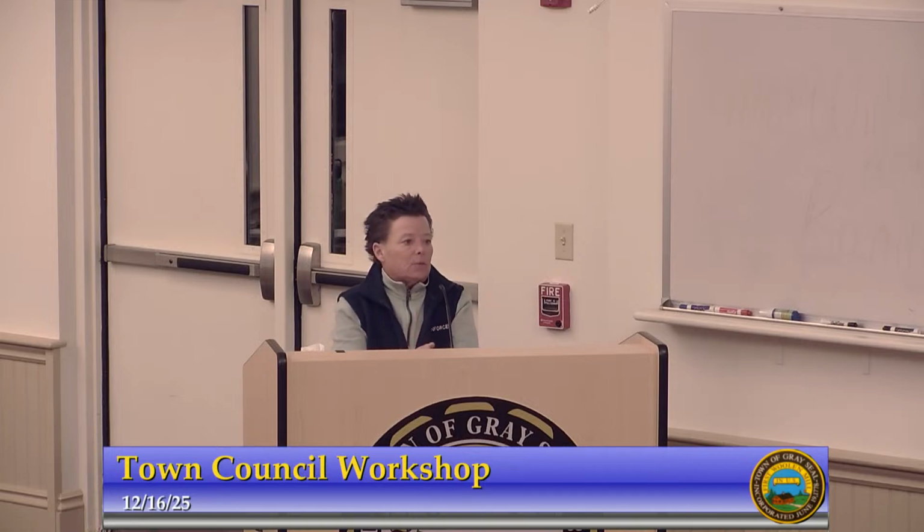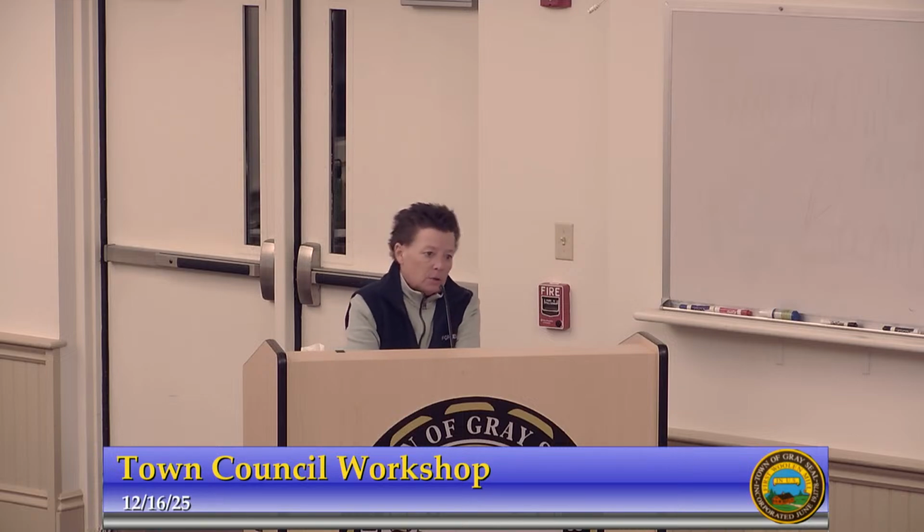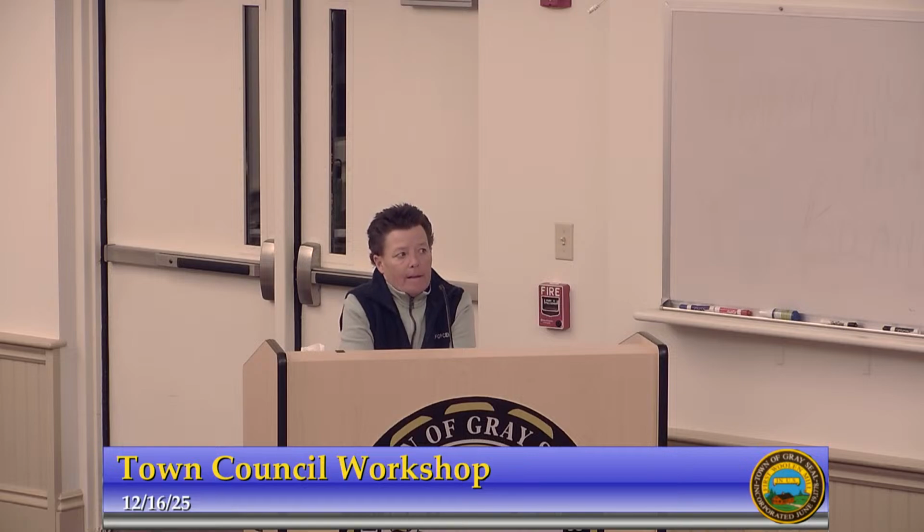Currently, the setbacks within the town of Gray prohibit that because you can't meet it. With a 50-foot front and rear setback and 25-foot sides, for a 24 by 36 house, I played around with the numbers, and it's maybe a 25,000 square foot lot.